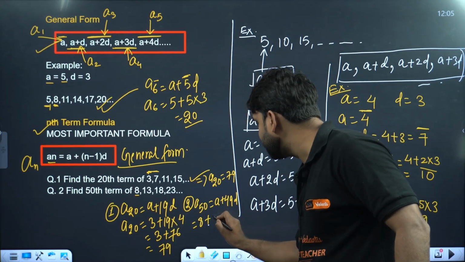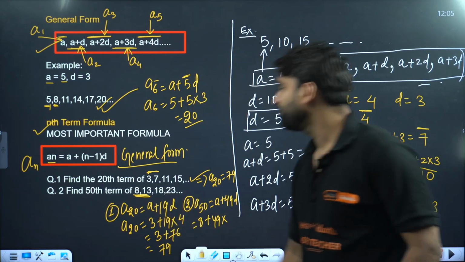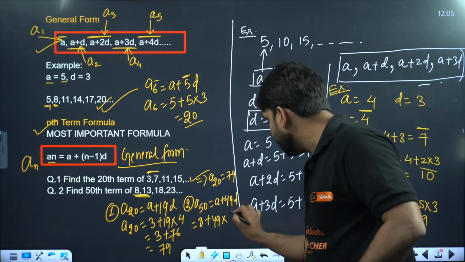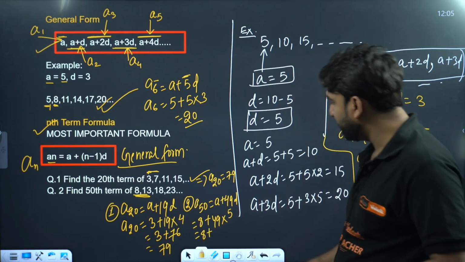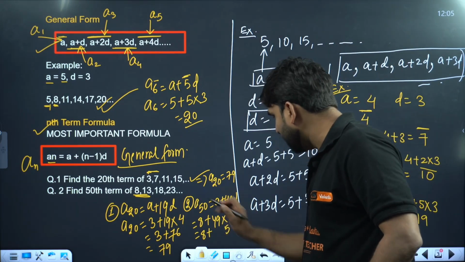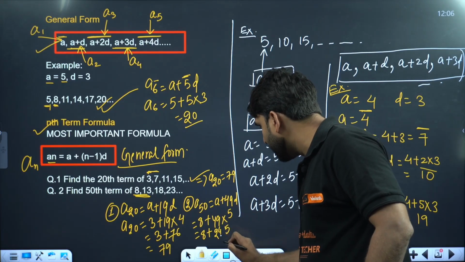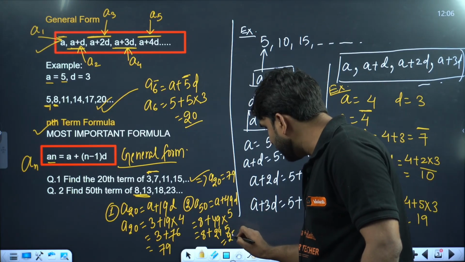So 8 plus 49 into D. D is the gap, 13 minus 8, which will be 5. Now solve this. 49 times 5: 9 times 5 is 45, write 5 carry 4, and 4 times 5 is 20, plus 4 is 24. So 245 plus 8 will be equal to 253.